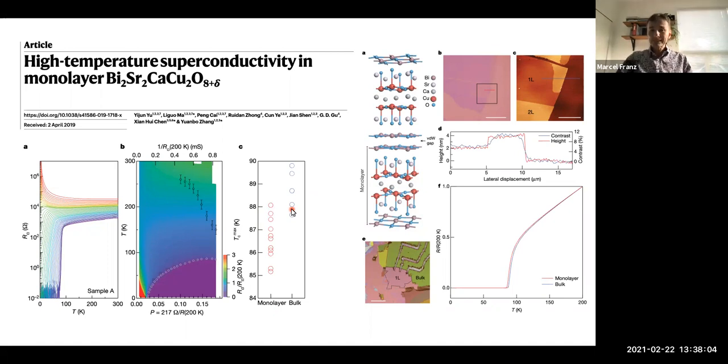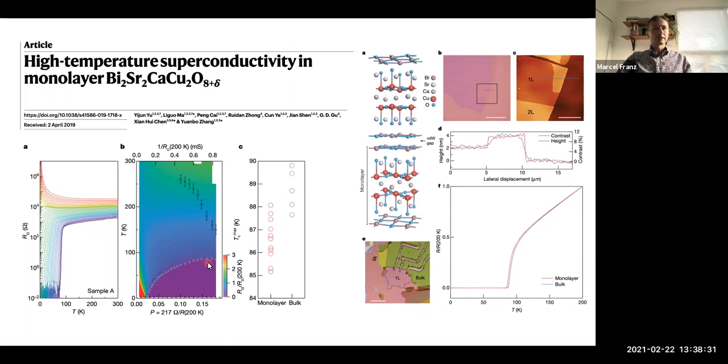Moreover, these monolayers exhibit the same phenomenology as high TC cuprates. Those of you who know the canonical high TC cuprate phase diagram will recognize this superconducting dome, where as a function of doping, which is this parameter delta in the oxygen concentration, the TC reaches a maximum at optimal doping.